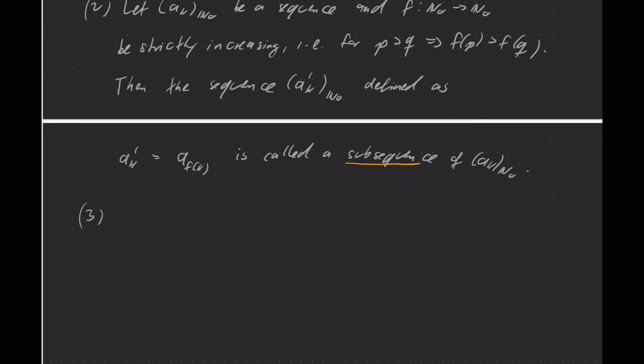And finally, the limit of a convergent subsequence of any sequence is called an accumulation point of the original sequence.